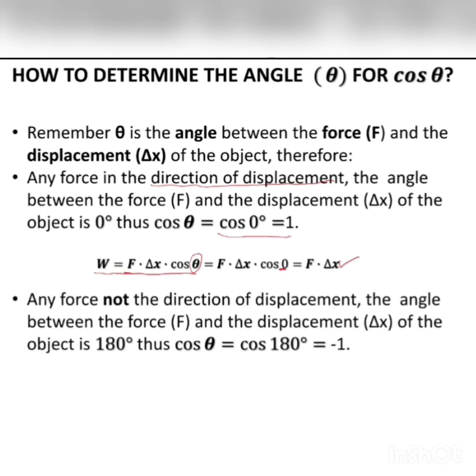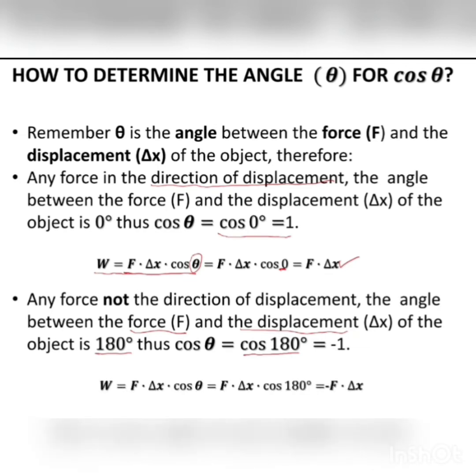Furthermore, for any force that is not in the direction of the displacement, the angle between the force itself and the displacement of that object is going to be 180 degrees. And thus, mathematically, we know that cos 180 degrees equals -1.